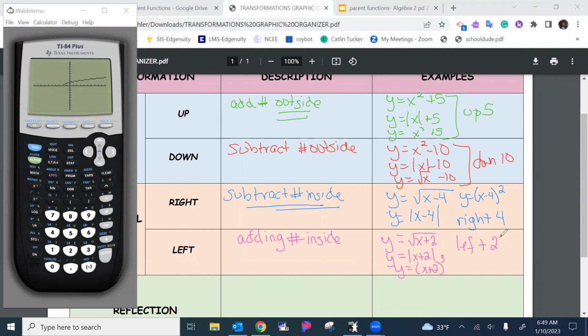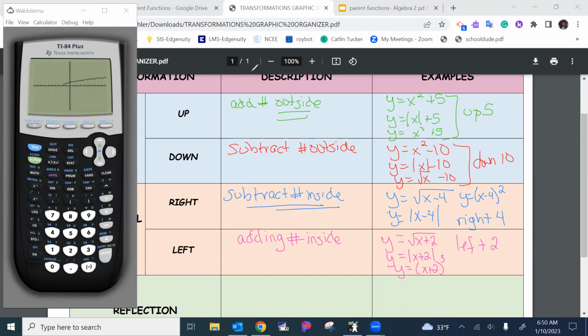So the big thing to notice is if things are being added or subtracted on the inside or the outside, and these are our examples here. Something that's being added or subtracted on the outside moves it up or down. Something that's being added or subtracted on the inside makes it move right or left.